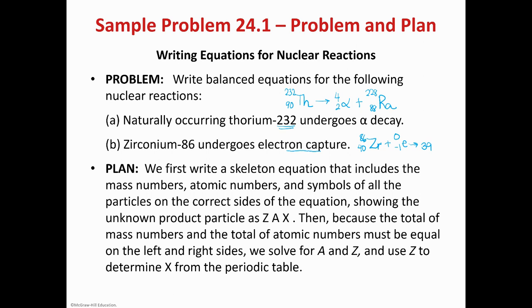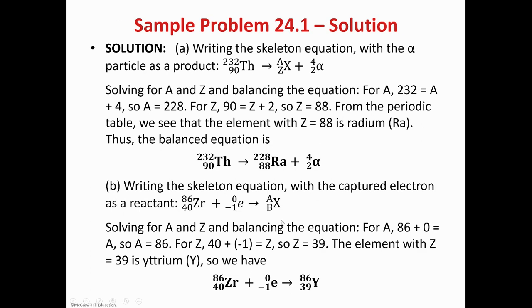So I'm going to look to see who has atomic number 39, and that's yttrium. And then the mass number stays the same in that case. Okay, so let's see if I got the right answer by clicking. Okay. All right. So those I think you won't have troubles with. They're pretty straightforward.